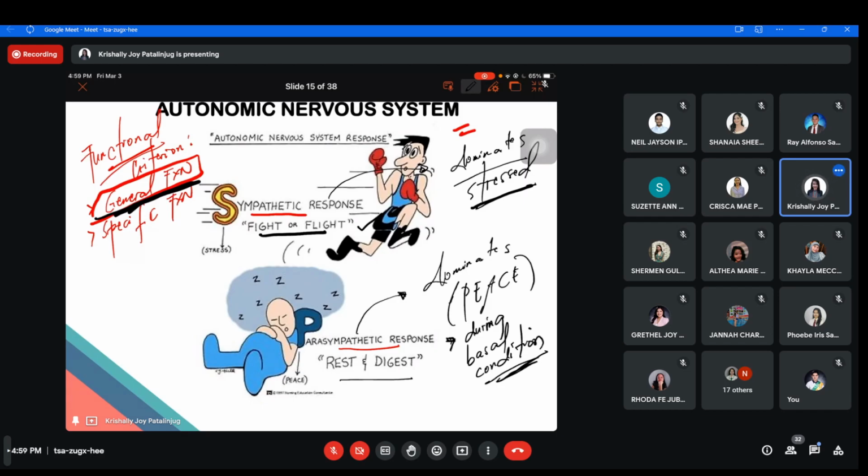It does not mean na kapag parasympathetic effect yung dominated during normal basal condition, inactive na yung sympathetic response. Hindi po, mali po yun na concept. I repeat, hindi po ibig sabihin na kapag dominated yung parasympathetic responses kapag basal condition, inactive na yung sympathetic response.